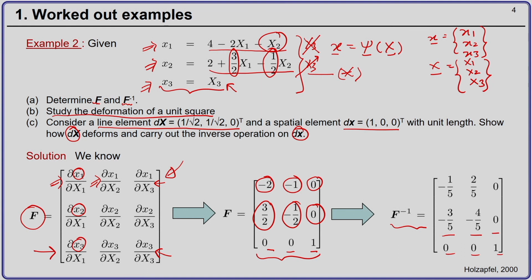Your deformation mapping, given by these equations, has to be invertible, which means F inverse has to exist, which means you can go from the initial configuration to the current configuration, and it is also possible to go from the current configuration to the initial configuration, and all the points will be mapped one to one.